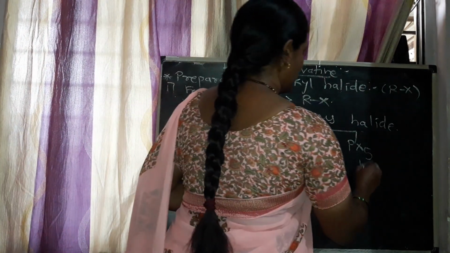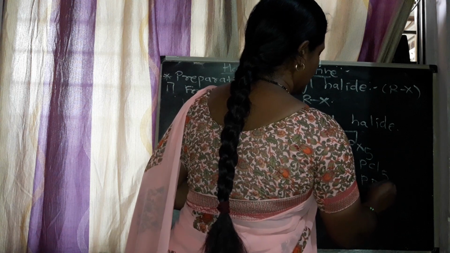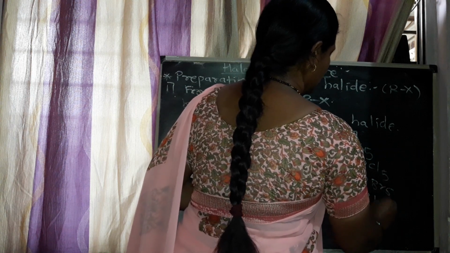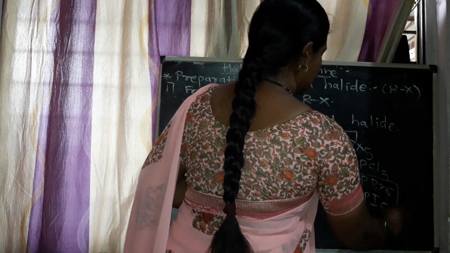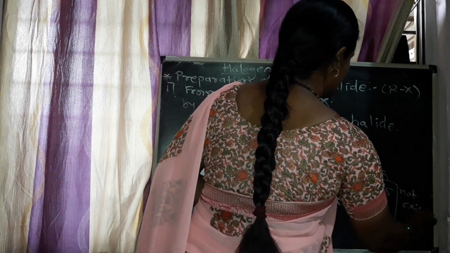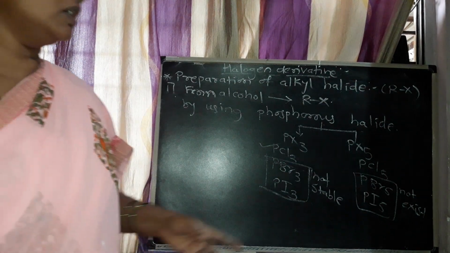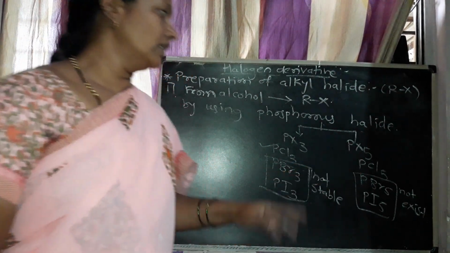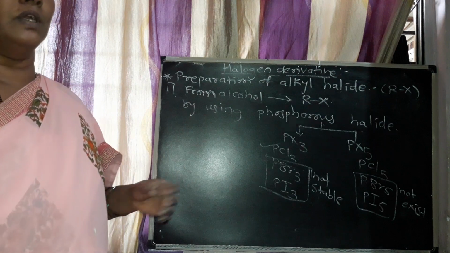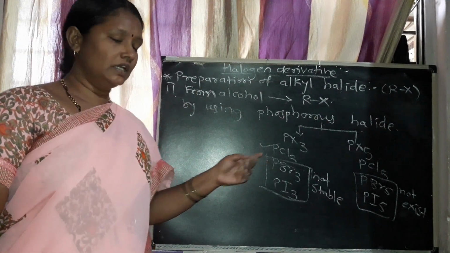Now in PX5, there are also 3 examples, PCl5, PBr5 and PI5. Out of this, these two do not exist in our environmental condition. Only PCl5 is present. Now in the new syllabus, there is only the reaction with PCl3.